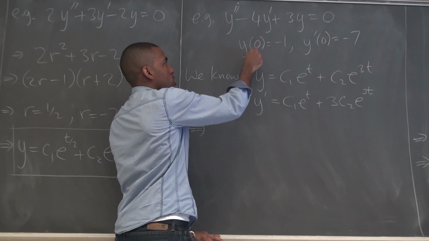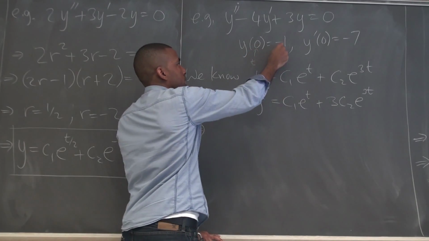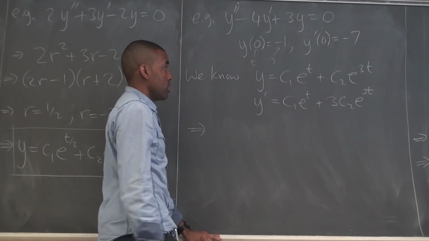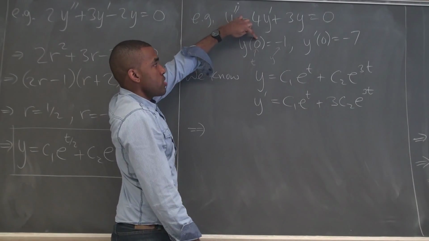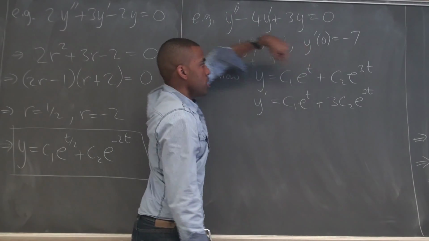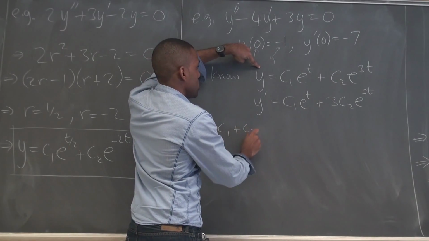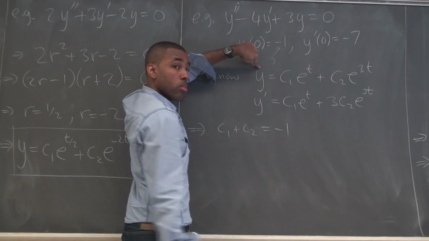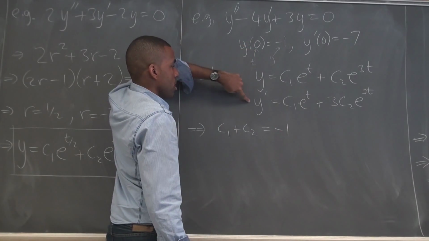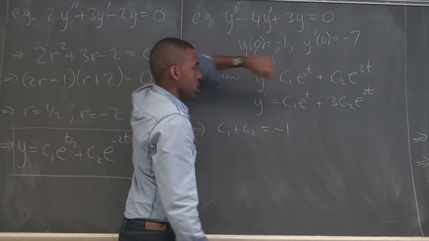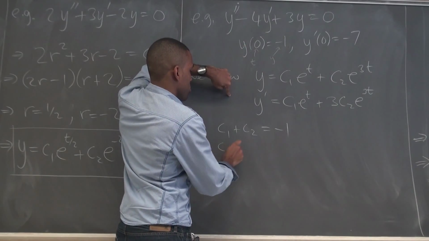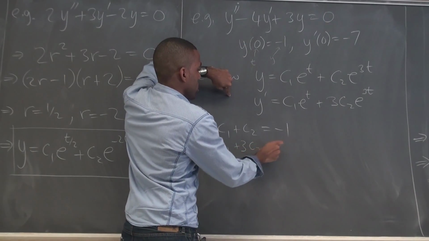Remember, the 0 is your t value, and this is the corresponding y value. If I plug in 0 into the original for t, the result will be minus 1, right? So I get c1 plus c2 equals minus 1. If I plug in t equals 0 into the second equation, I would get c1 plus 3c2 equals minus 7.